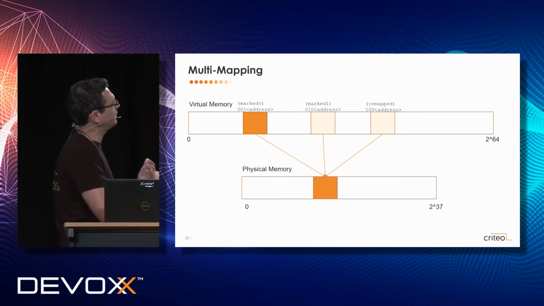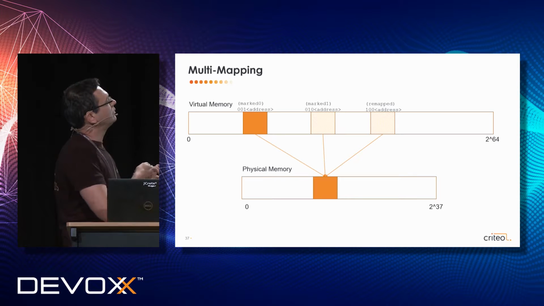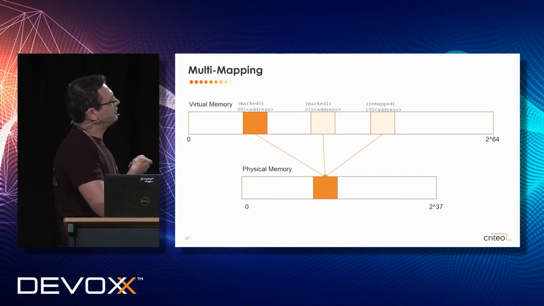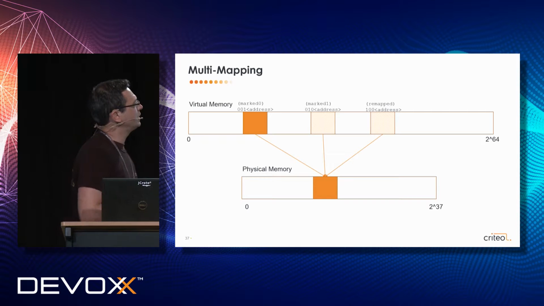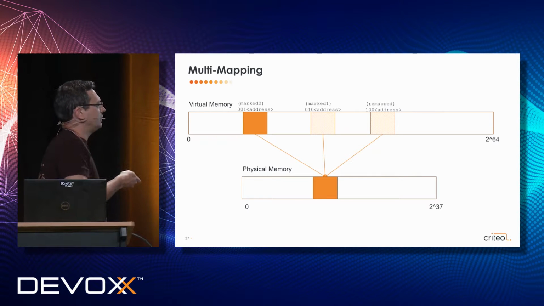Depending on the GC phase, we can use an address with this one mark bit, and we are dereferencing through this address to this physical page, or for the next cycle, this other bit, and we are dereferencing and going to these same pages.